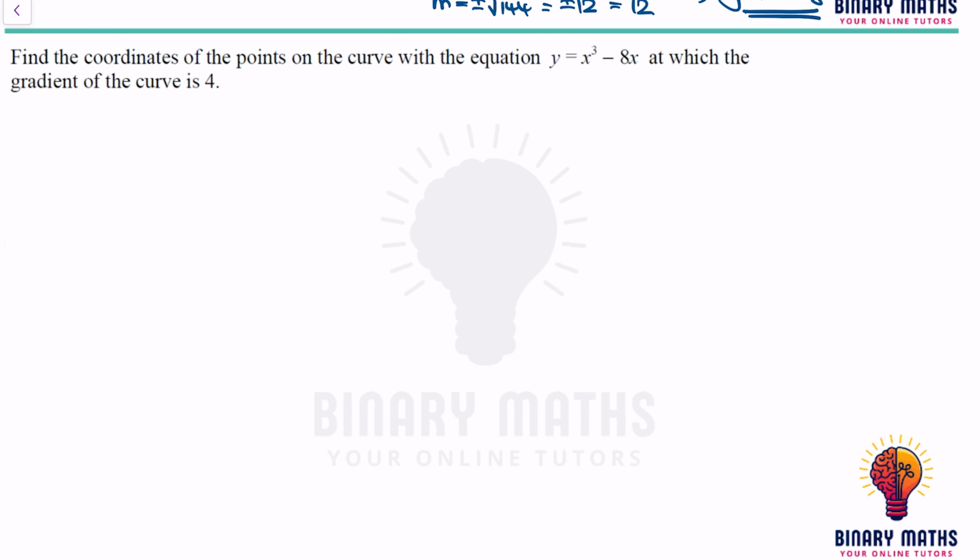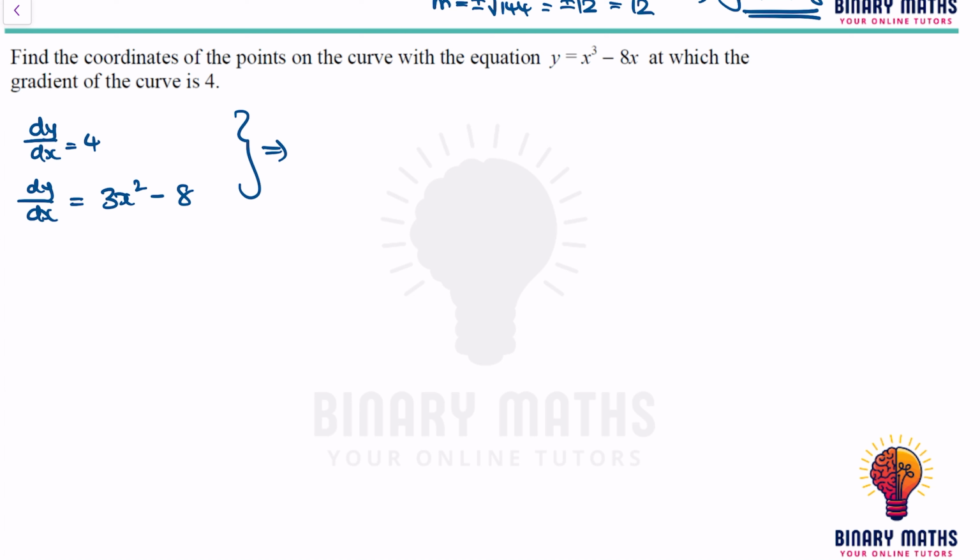Find the coordinates of the point on the curve with the equation y is equal to x cubed minus 8x at which the gradient of the curve is 4. If the gradient of the curve is 4, dy/dx is equal to 4. So the first thing we need to do is find dy/dx. dy/dx is equal to 3x squared minus 8.